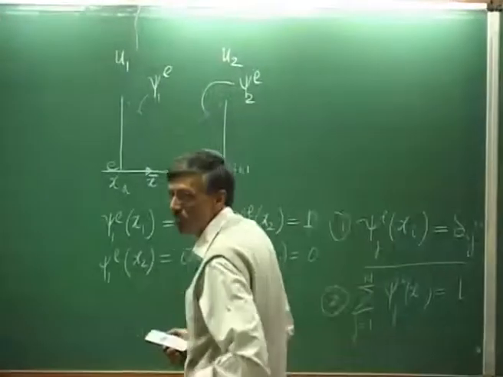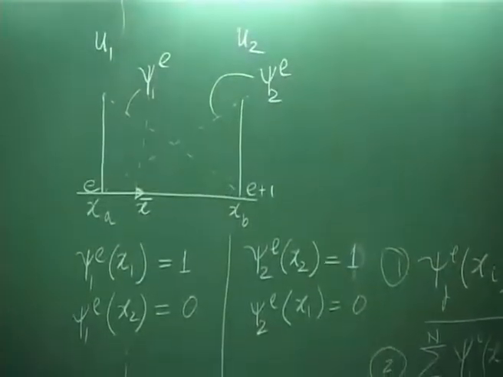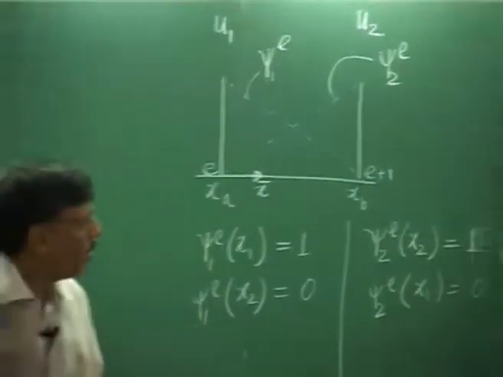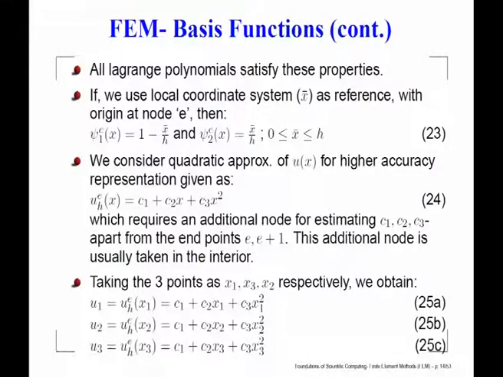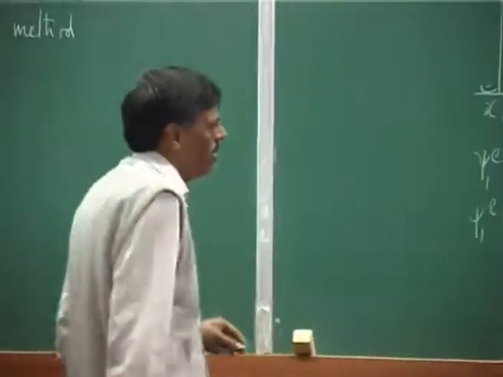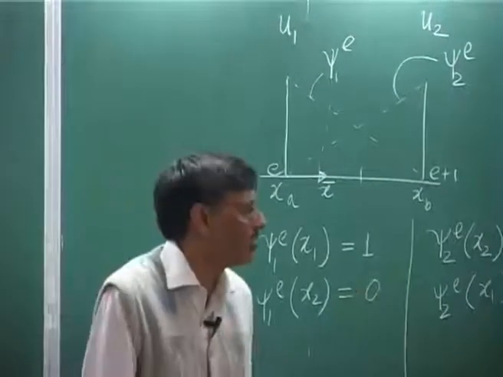The element is still spanned by E and E plus 1, right? But we will have to fix 3 unknown constants C1, C2, C3. So, we will have to introduce some additional node, and it has to be ostensibly inside the domain.